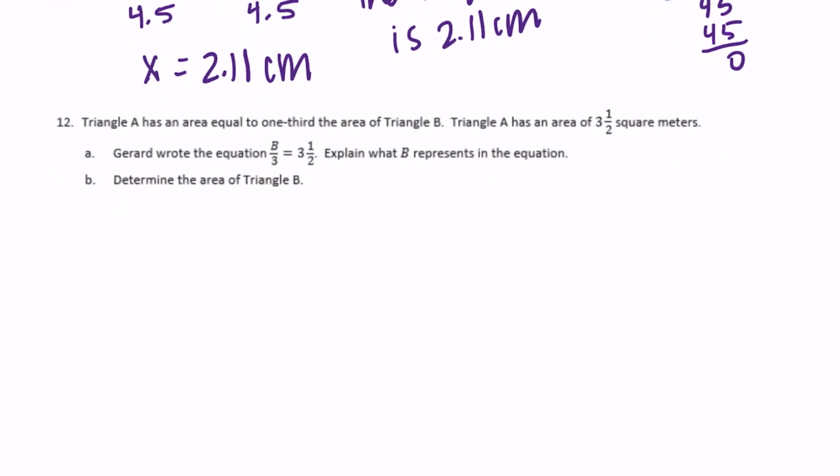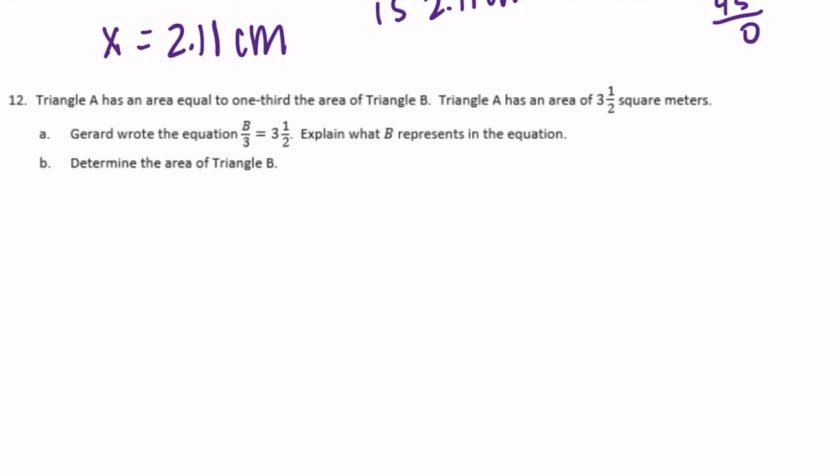And the last one, number 12. Triangle A has an area equal to 1/3 the area of triangle B. Triangle A has an area of 3.5 square meters. Gerard wrote the equation b over 3 equals 3.5. Explain what b represents in this equation. So we want to know what b represents. Let's just write down what we know.